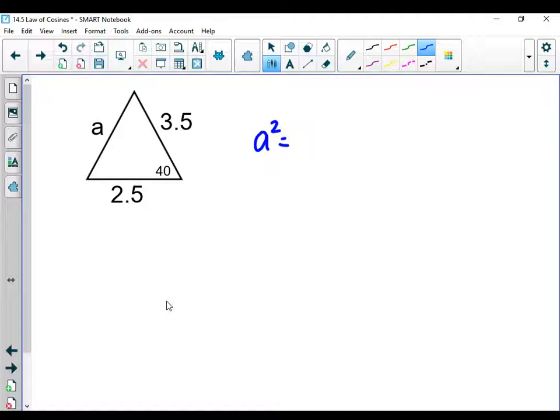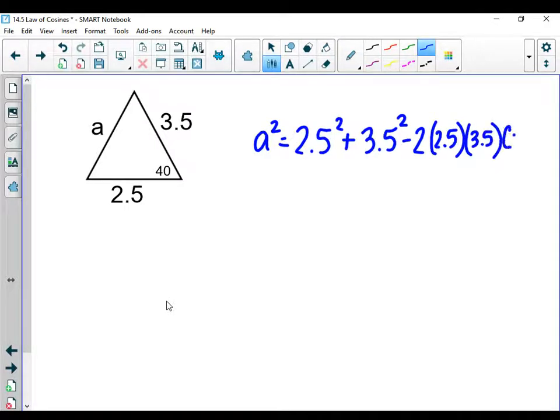That means the two sides that are not being used are 2.5 and 3.5. And then I'm going to do cosine of the angle opposite the side I'm looking for, so 40 degrees.